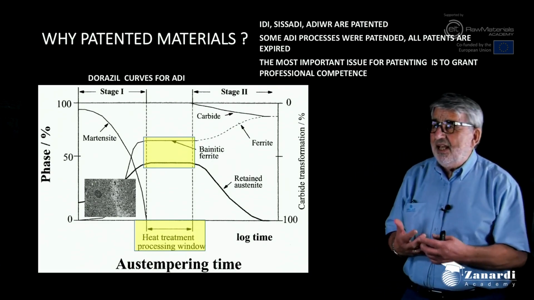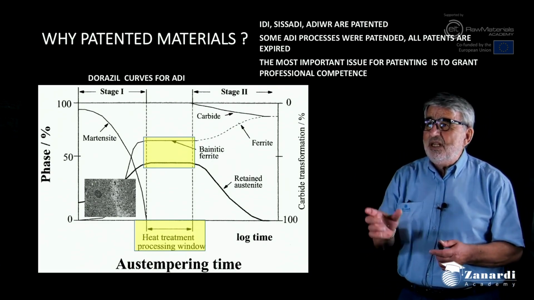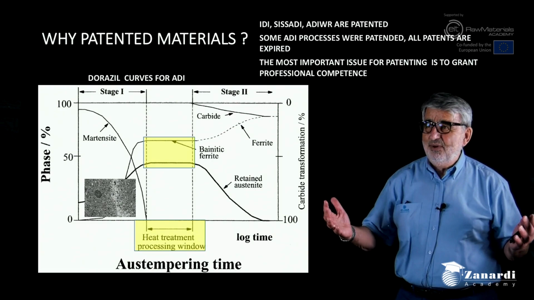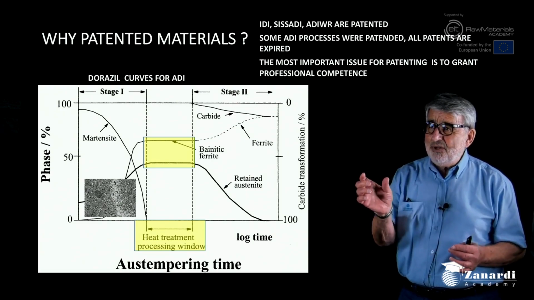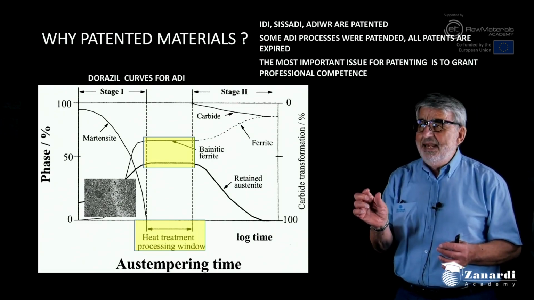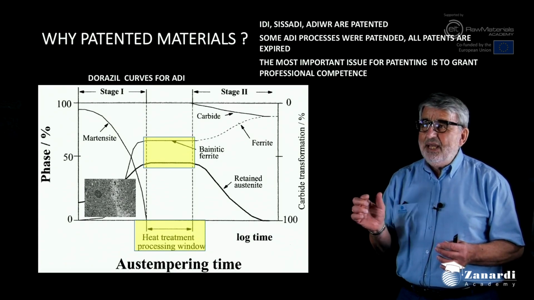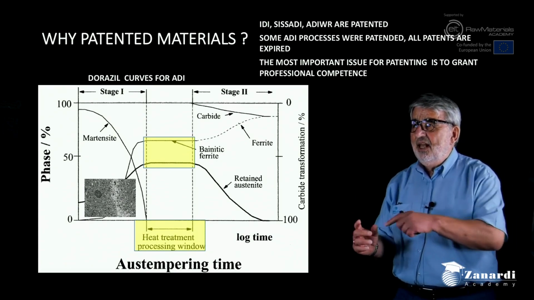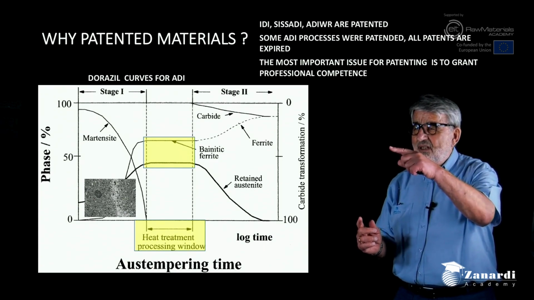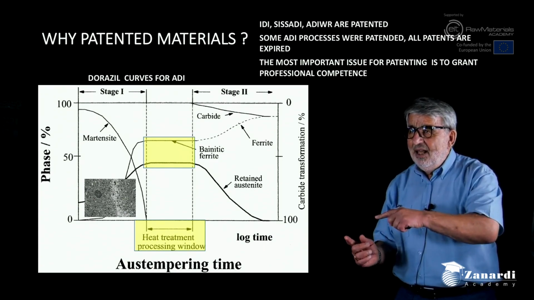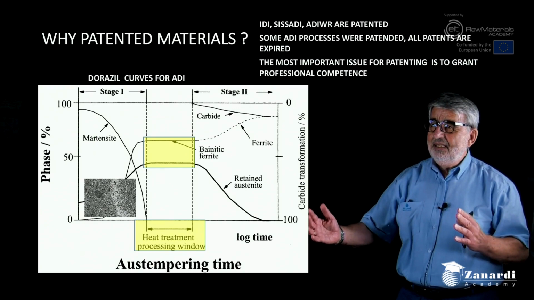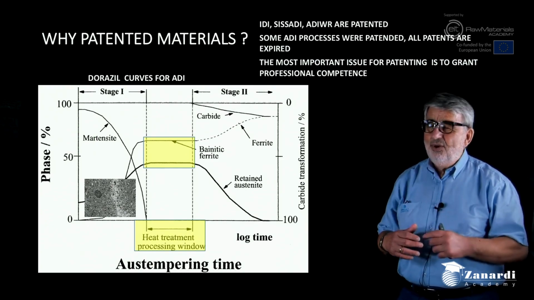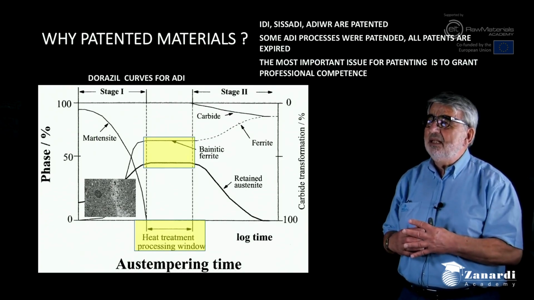So to do this, we need to have this process window as large as possible, because if the process window is narrow, we can have the thinnest section completing the reaction while the largest section didn't arrive at the austenite stability.